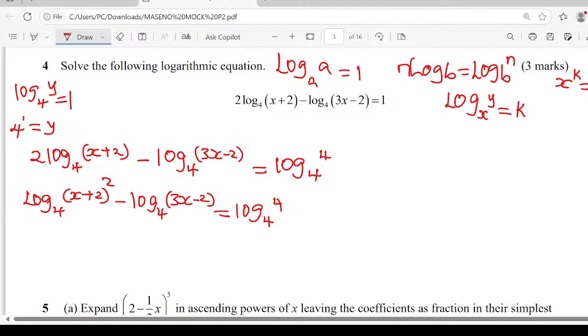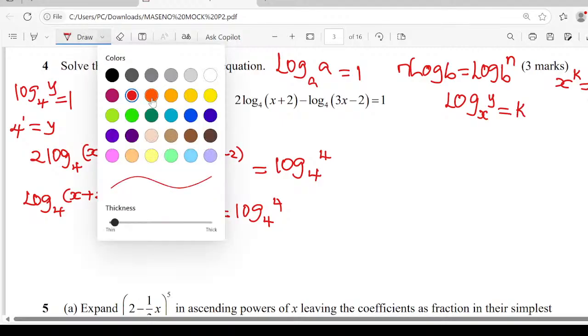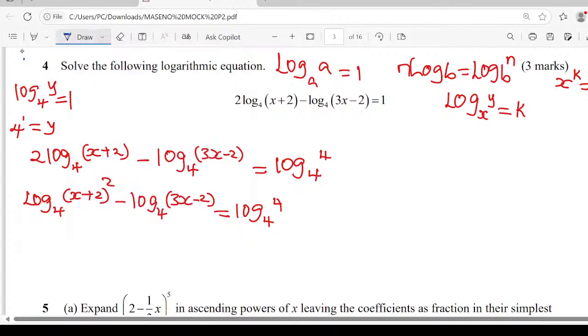Then I want also to bring in another formula that if you're having your logs being subtracted, for example, if I have log to base x of m minus log to base x of n, this can be merged into log to base x.